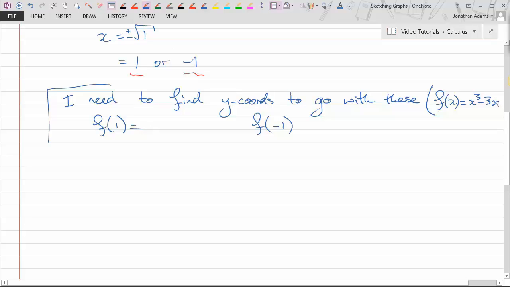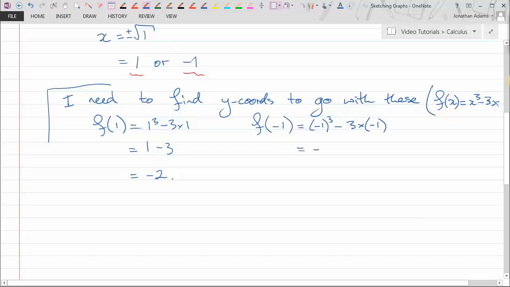Substituting 1, I get 1 cubed minus 3 times 1. Substituting negative 1, I get negative 1 cubed minus 3 times negative 1. So 1 cubed is 1, minus 3. 1 minus 3 is minus 2.